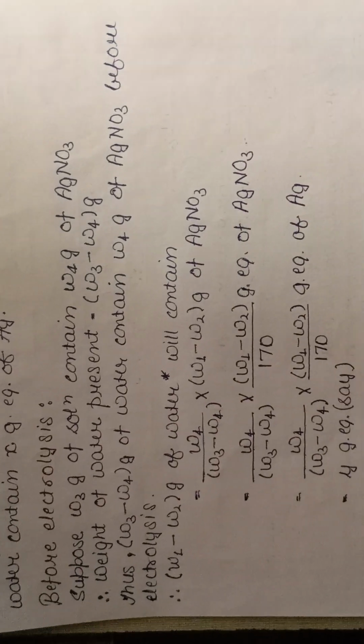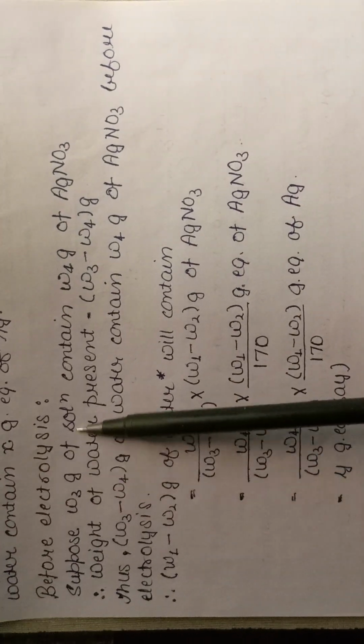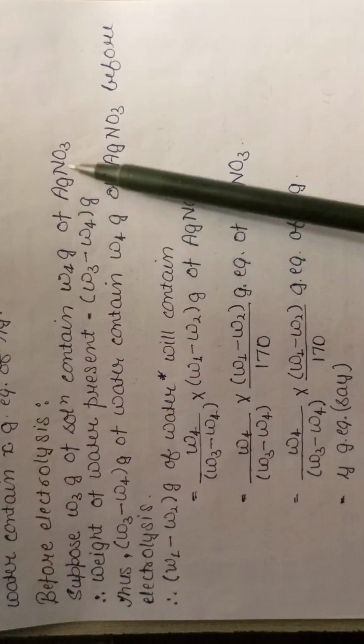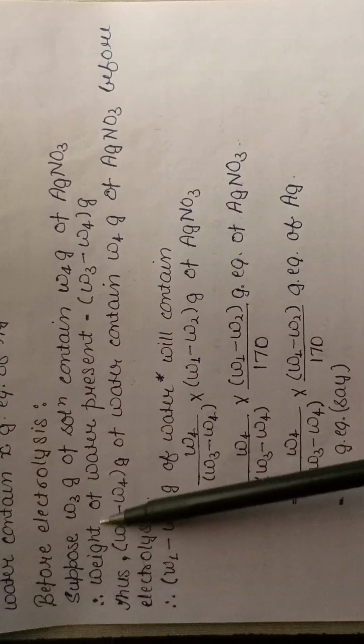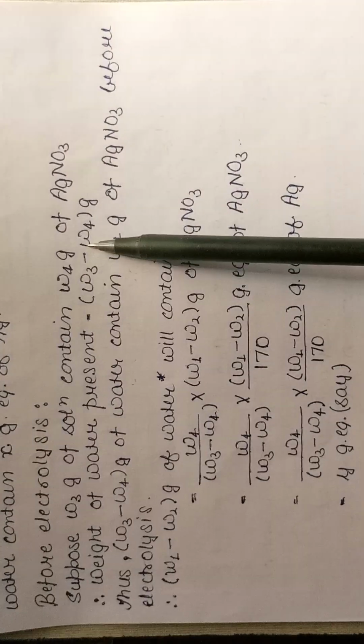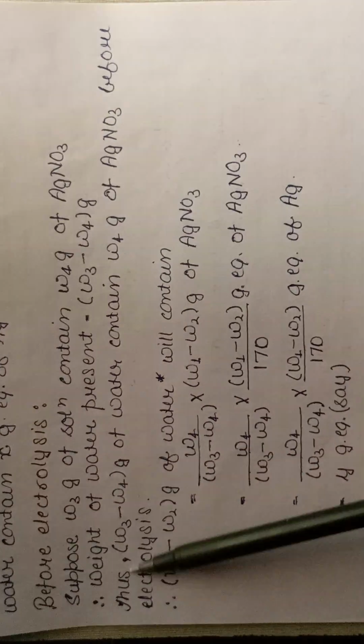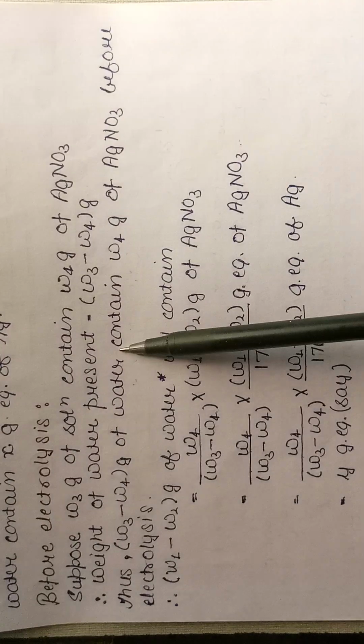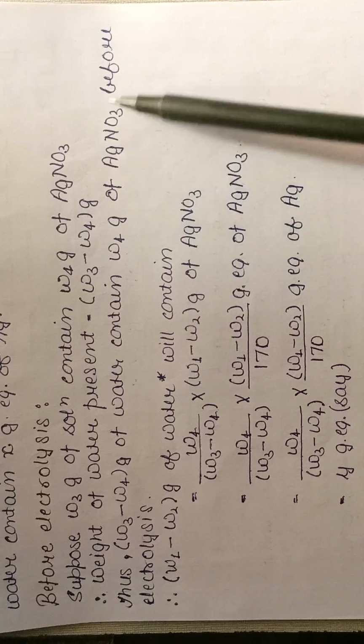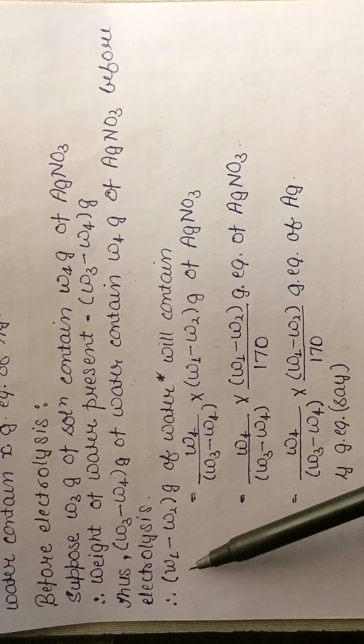Now, before electrolysis, suppose W3 gram of solution contain W4 gram of AgNO3. Therefore, the weight of water present is W3 minus W4 gram. Thus, W3 minus W4 gram of water contain W4 gram of AgNO3 before electrolysis.